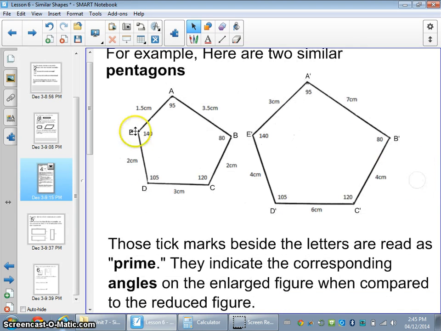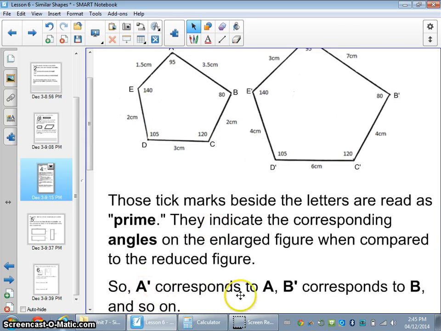In terms of names, this one here we'd call pentagon A, B, C, D, E. This one here, all the letters have a little tick mark after them. That's described right here. Those tick marks beside the letters are read as prime. So we'd say A prime, B prime, C prime, D prime, and E prime. What that's telling us is that they're indicating corresponding angles on the enlarged figure compared to the reduced figure.